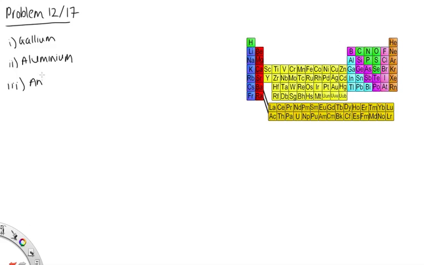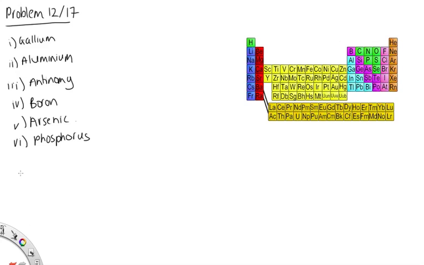Antimony. 4. Boron. 5. Arsenic. And 6. Phosphorus. For each dopant, state whether N-type or P-type material is produced.